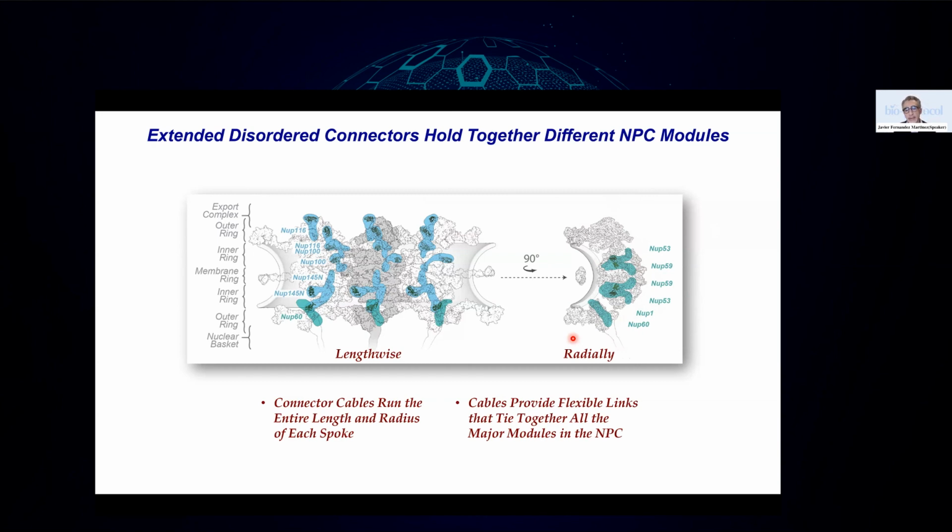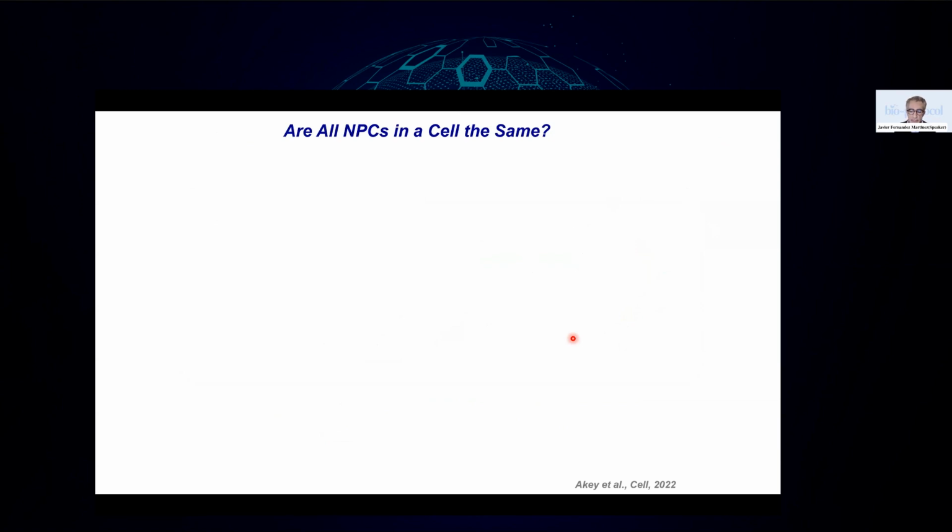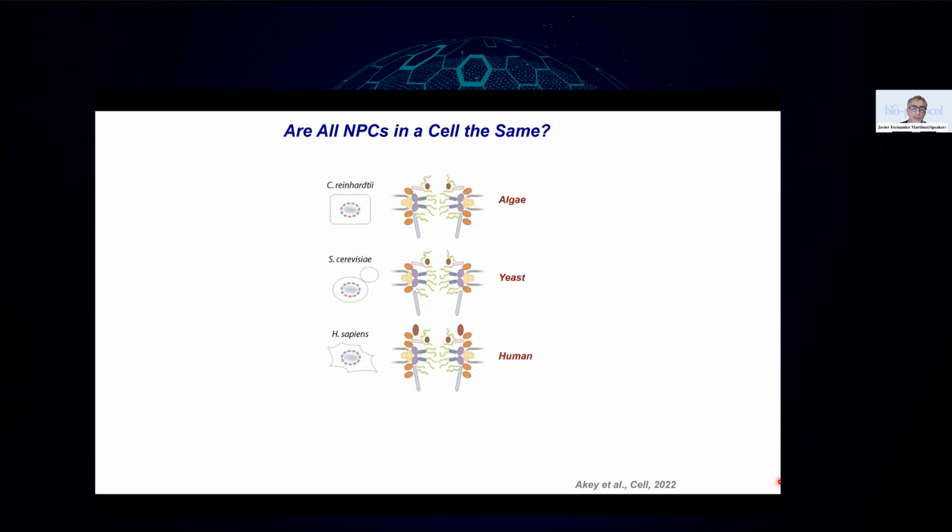And the final biological insight that I would like to share with you came a little bit as a surprise, and it basically addressed a question that we have been asked many times when we talk about the nucleopore complex: are all the NPCs within the same nucleus the same? Because we know that if we look at different types of organisms, the NPCs have certain diversity in their architecture, especially in the outer rings and the peripheral components.